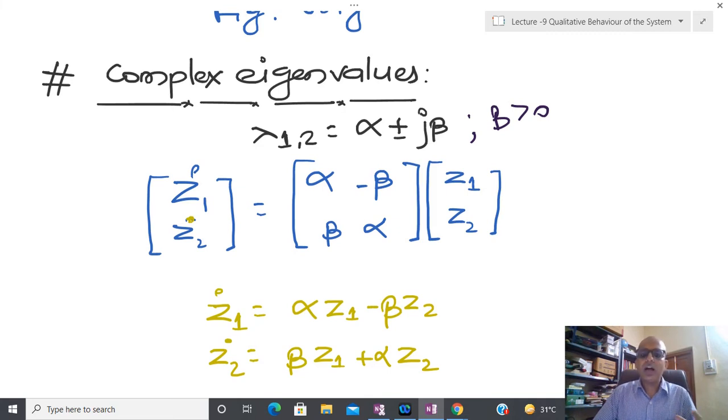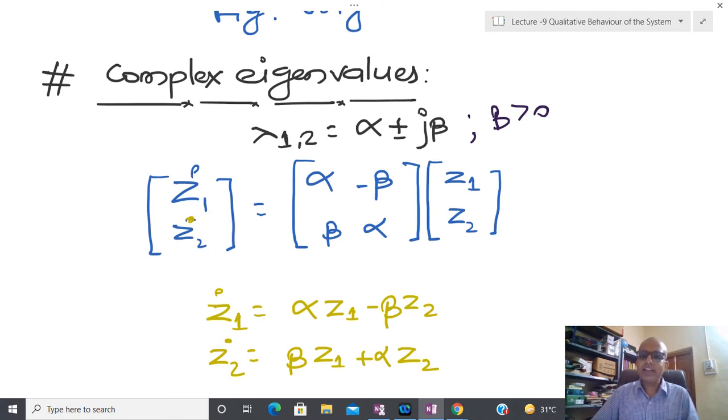The trajectory is going to diverge to infinity, and that behavior I have given the name unstable node. And if the eigenvalues are real with opposite signs, then I have saddle behavior. So the trajectory looks hyperbolic. In one direction we will converge, in another direction we will diverge, finally we are going to diverge.